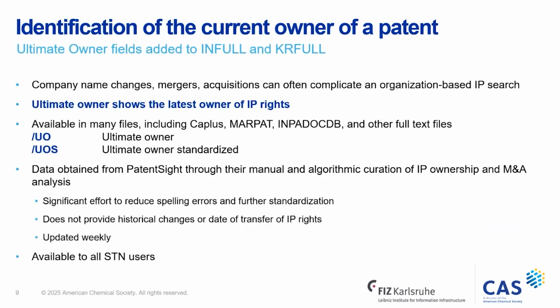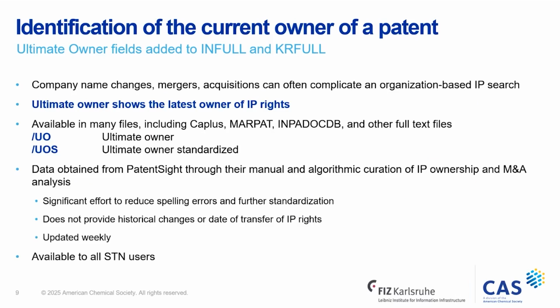From patent status indicator, we'll move on to ultimate owner information and the ways that we help to identify the current owner of a patent. So within the last few years, we have added these two ultimate owner fields, ultimate owner and ultimate owner standardized. You can see those.